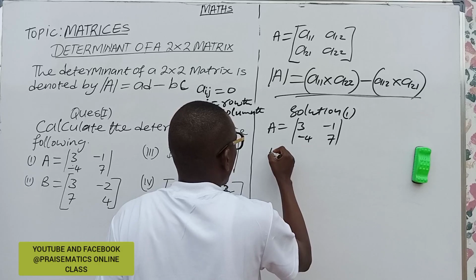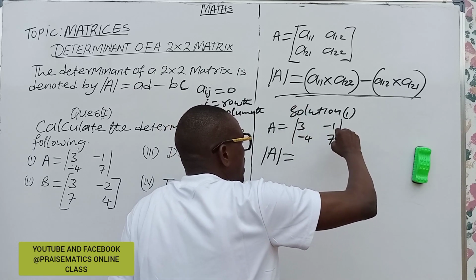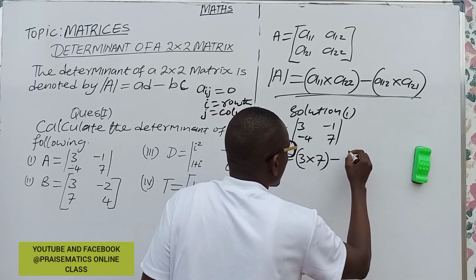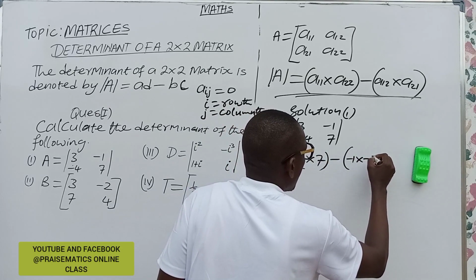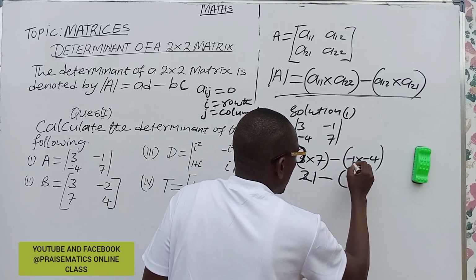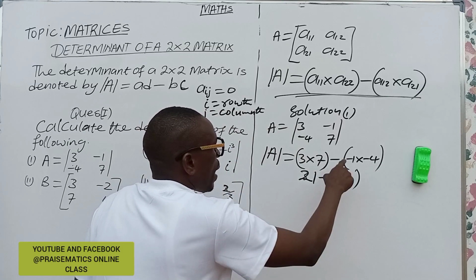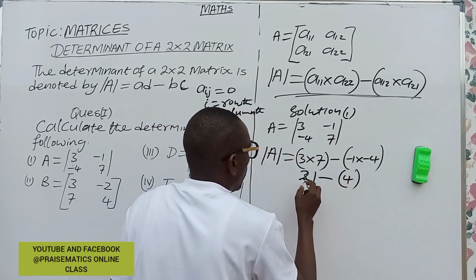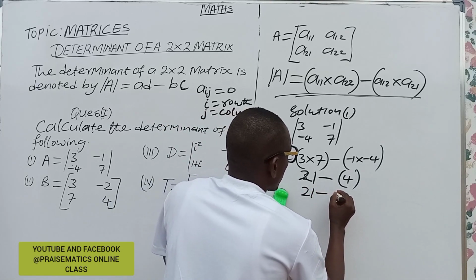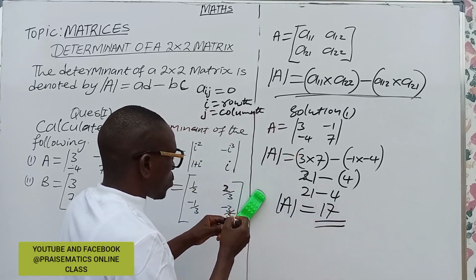So now we have to look for the determinant of A. Right times this, minus this times this, which is now 3 times 7 minus, minus 1 times minus 4, close it. 3 times 7 is 21, minus into bracket, minus times minus will give us plus 4. So now this is 21 minus, minus 4, which is 21 plus 4. Hmm, let me state it plainly: the working shown is 21 minus (minus 4). Our A determinant is equal to 17. And that is how to solve it.